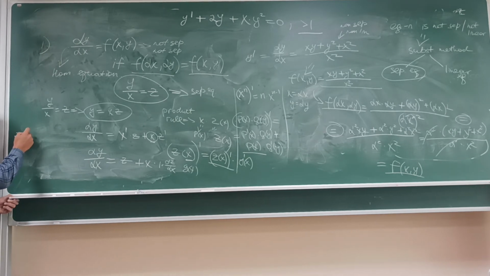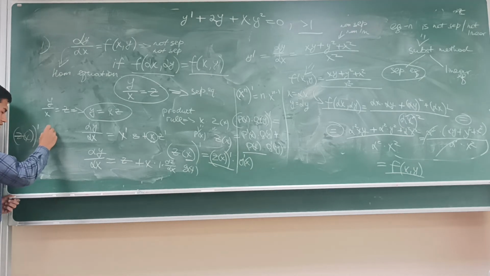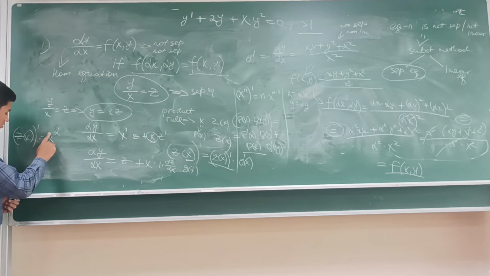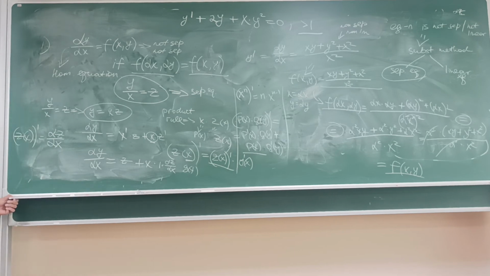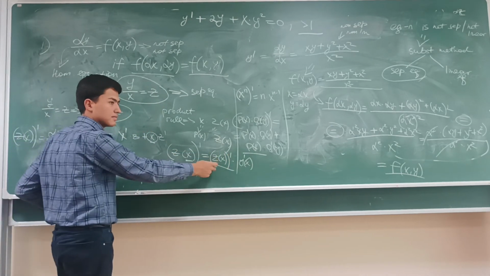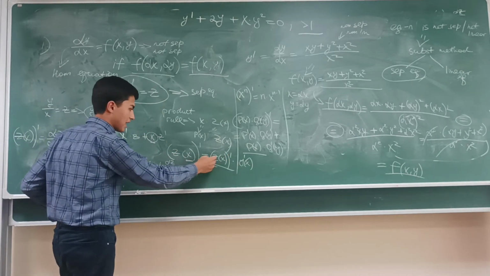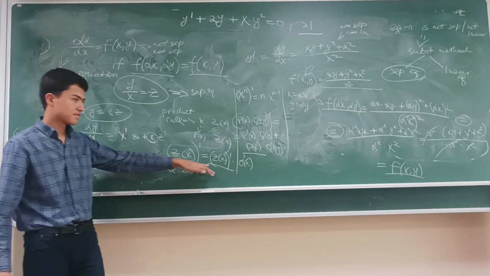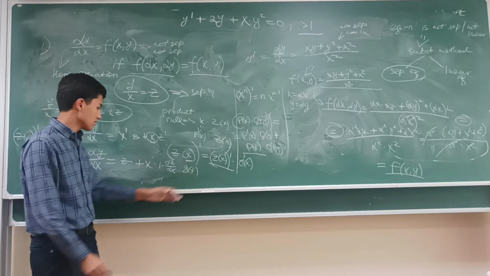In short, the derivative of z of x equals dz dx. You are right, I made a mistake just now. The derivative of z is just z prime, because z is a function and it's not 1.